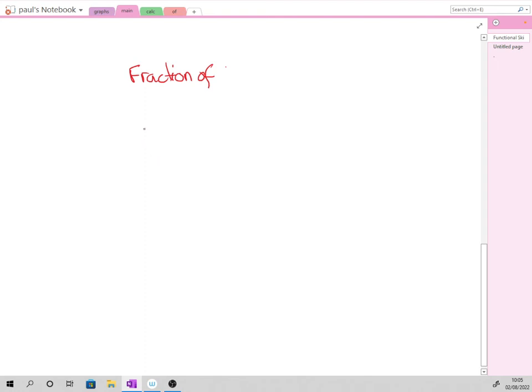So, say we want to find 1/4 of, I don't know, 300, yeah? But we do 1/4 times 300. Now you can do it any way you like on your calculator. 1 divided by 4 times 300 will be fine.